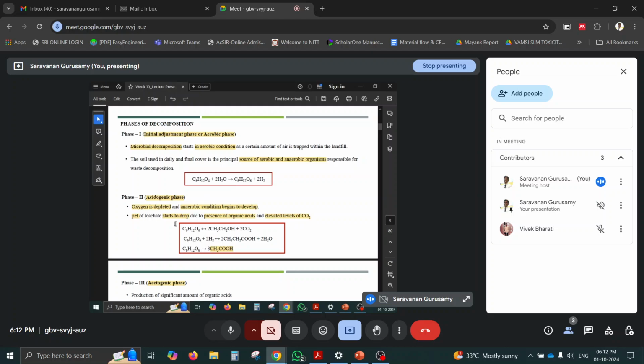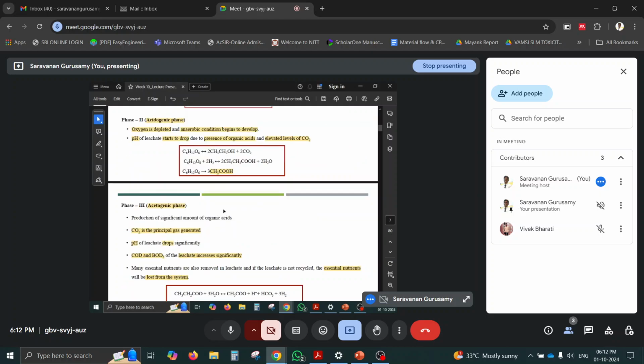While the acid gets generated, the pH of the leachate starts to drop, the presence of organic acid will be elevated, and the level of CO2 liberation will also get elevated. In this stage, oxygen will be depleted and anaerobic conditions begin to develop. Only in the first phase will it be aerobic. From the second phase onwards, it will be anaerobic.